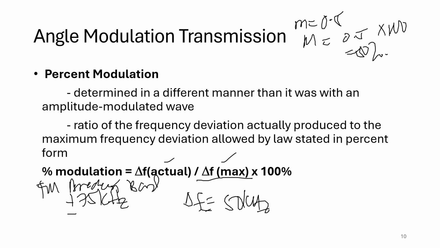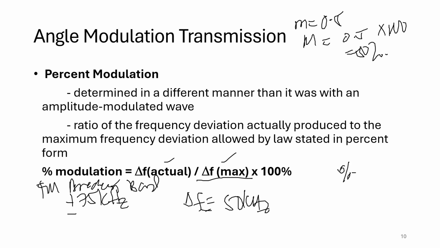So we just get the ratio of the actual versus the maximum frequency deviation allowed for a certain application. This 75 kilohertz, class, is the maximum value for the FM broadcasting band. Every time that we have a different application, we really have to know the maximum allowed that was set by the FCC.